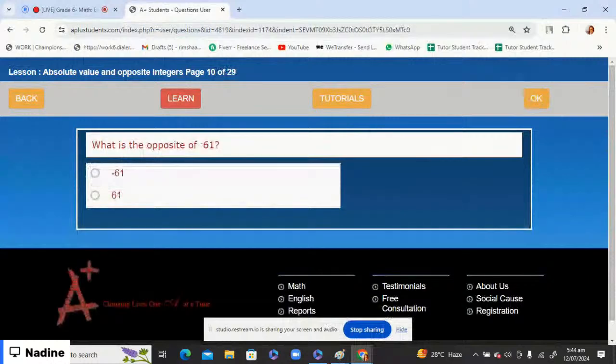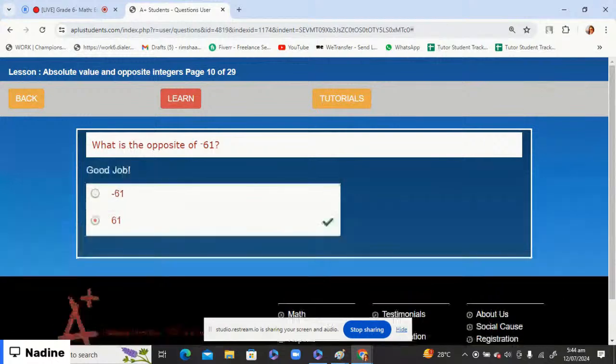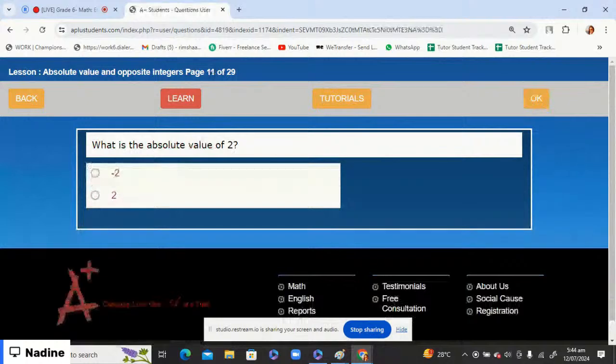What is the opposite of minus 61? That is plus 61.